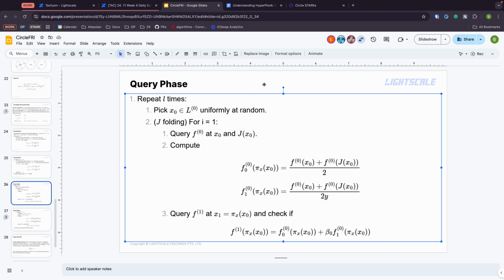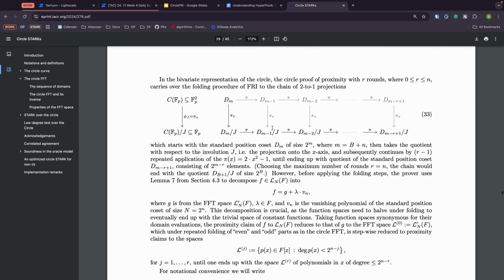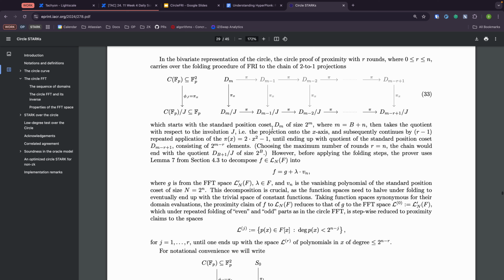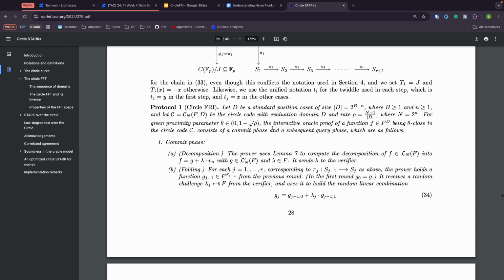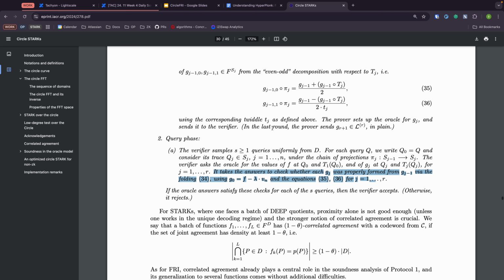In the speaker case, like if you take a look at CircleFRI in Plonky3, we're going to sample from the entire domain space. So they use a kind of DEEP technique.